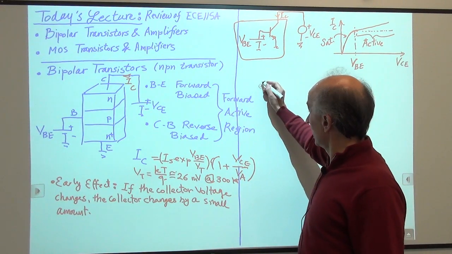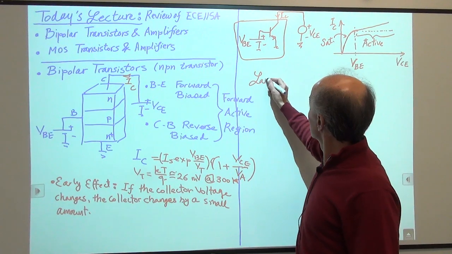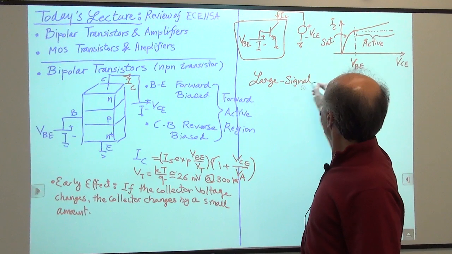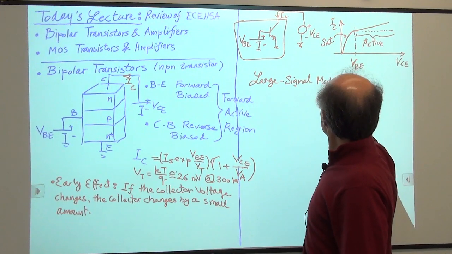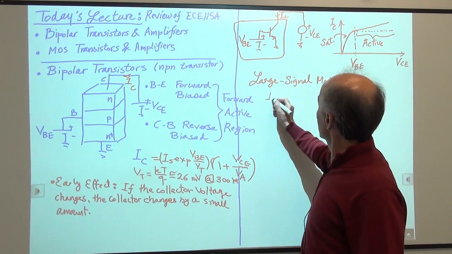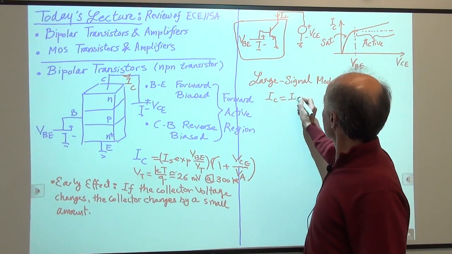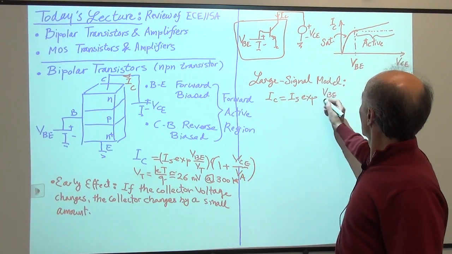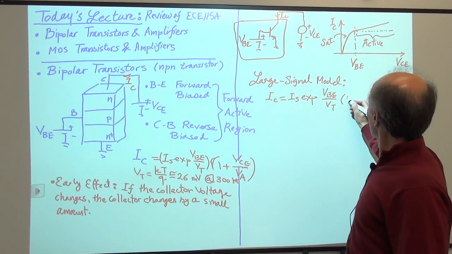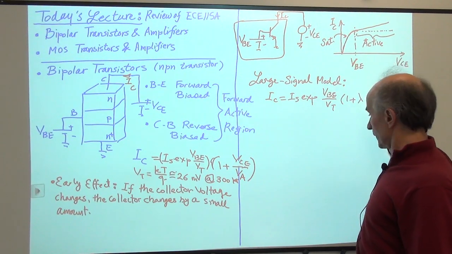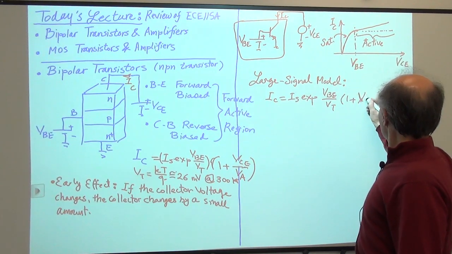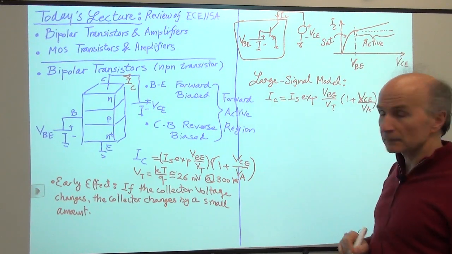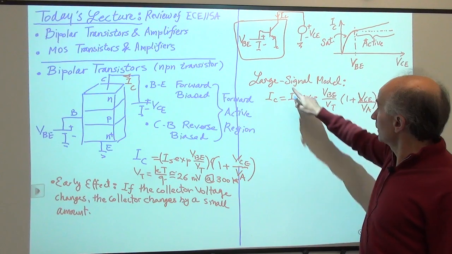So we have IC is equal to IS times exp of VBE over VT, times 1 plus VCE over VA. Okay? Now, what do we mean by large signal model?